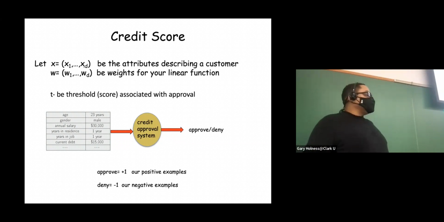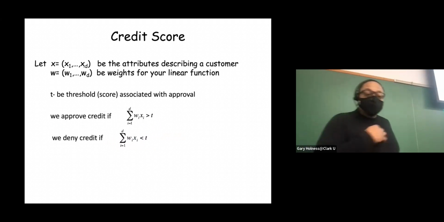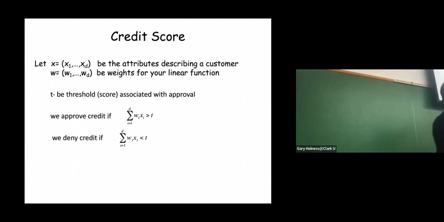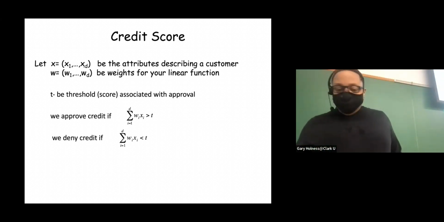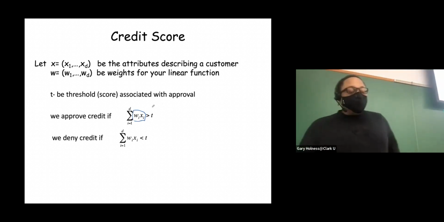Does that make sense? Any questions? Okay. So in our scheme, we're going to take our weighted sum here. So we have the sum for i goes from 1 to d of our wi xi, and that's going to give us a value. And if that value is greater than our threshold T, our score, we're going to approve that person for credit.